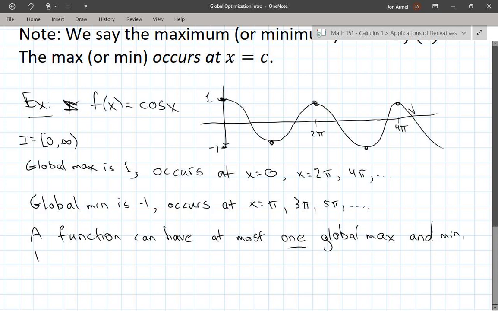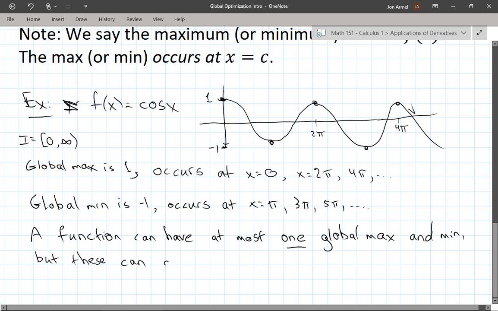But these can occur at several places. Let's just say at multiple places. Or wait, maybe be more specific. Multiple x values. Or of course, if your function is a function of t or some other variable, multiple whatever inputs.